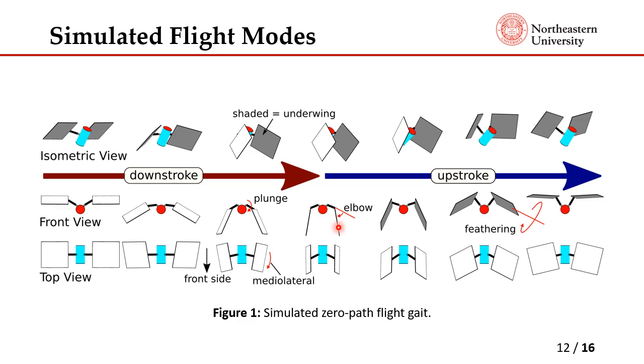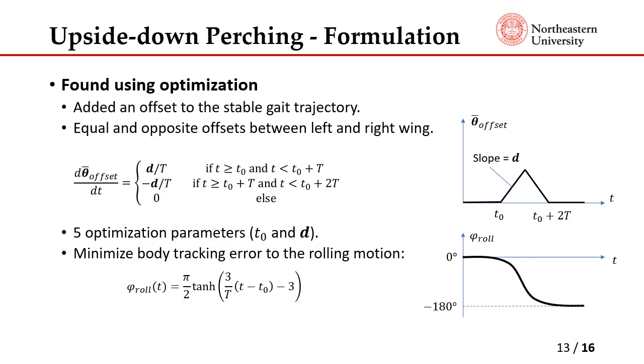During the upstroke, the wing is retracted to minimize the wing surface and also minimize negative lift. Next is the feathering, which pronates and supinates the wing, which has the effect of changing the angle of attack. Then finally, we have the medial lateral mode, where the wing swings forward. As you can see, that zero path flight gait has all four modes, and this creates a stable limit cycle.